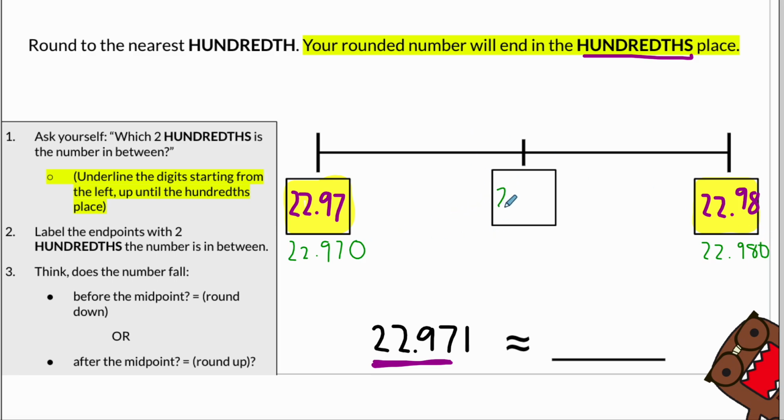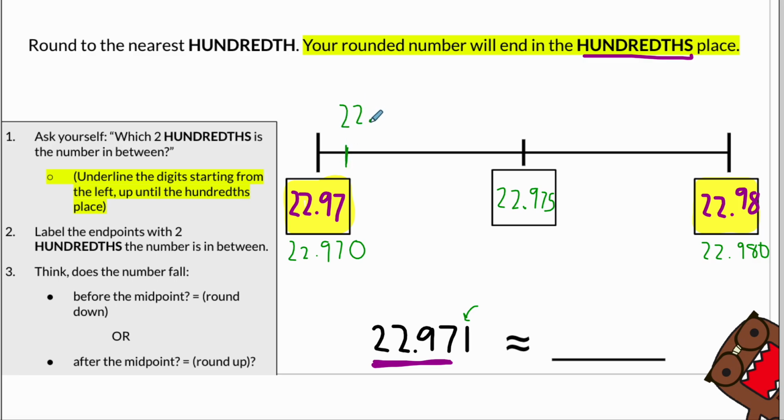So our midpoint is going to be 22 and 975 thousandths. This is only 971 thousandths. That's less than 975 thousandths. So 22 and 971 thousandths will be before 22 and 975 thousandths. Boom. It's going to be pretty close right here.